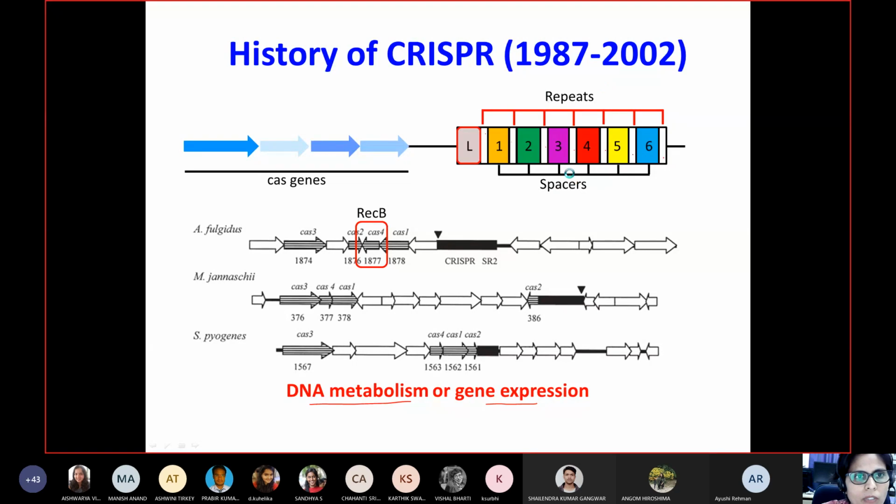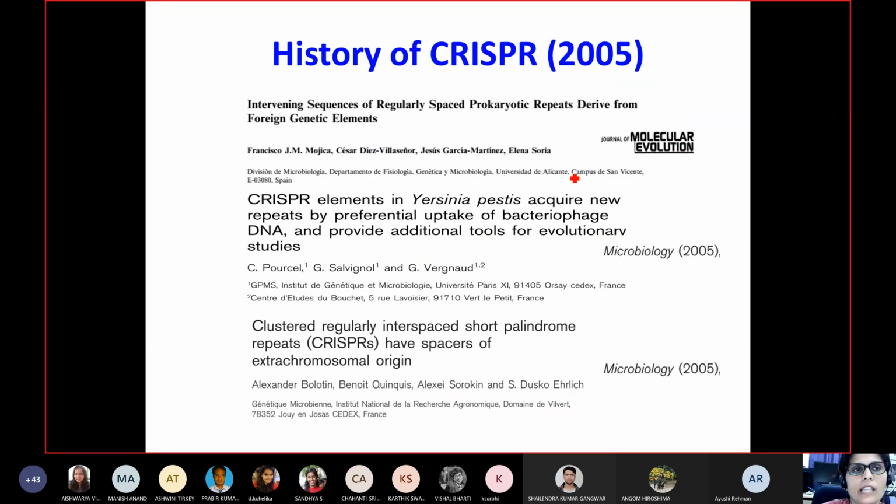Now slowly people started identifying which specific spacer sequences are important. For example, it was only in 2005 that three articles were published in the same year making the same discovery: some of the spacer sequences between the repeats actually match foreign DNA, specifically bacteriophage DNA.